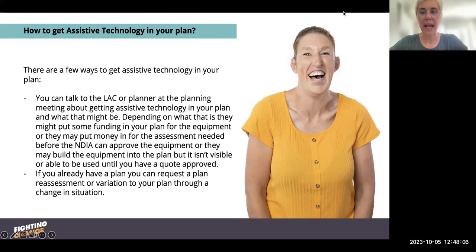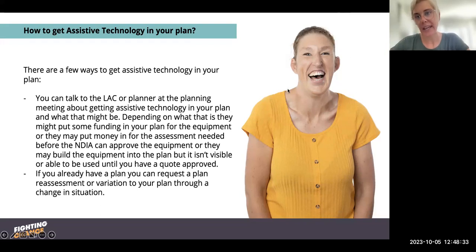The AT assessment, if you've got the funding for it, you can do that, but it's going to be a bit more expensive, so it might be something that you need more funding to then do. And once you've got the assessment reports and stuff, then you can request a plan variation through a change of circumstance.